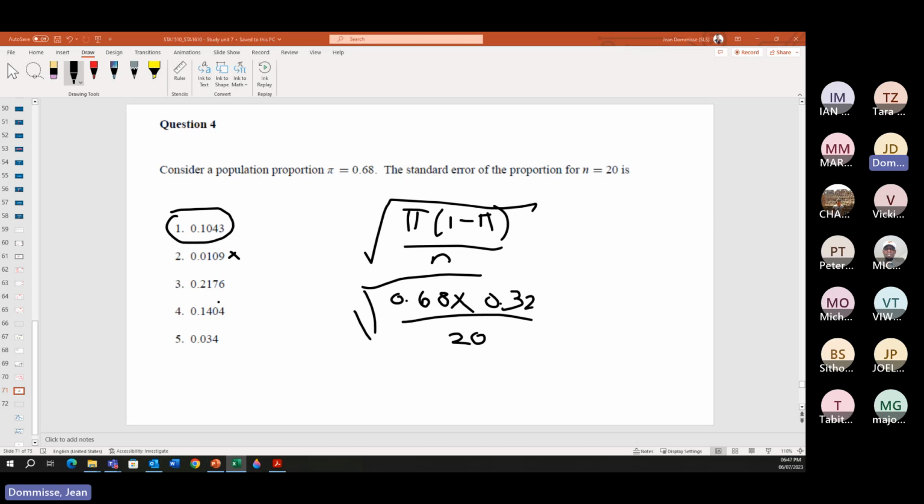If we only said 0.68 times 0.32, that would have been also an answer. So just be careful when you do this in the assignment that you know what your endpoint is going to be, so that you don't stop halfway through.